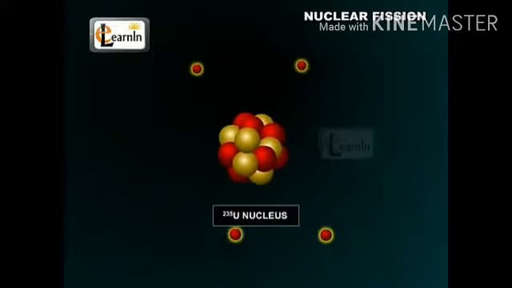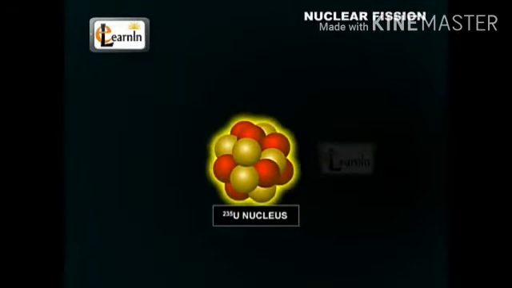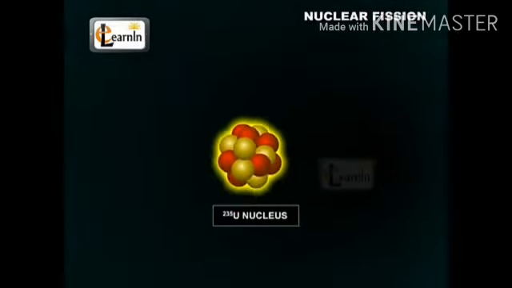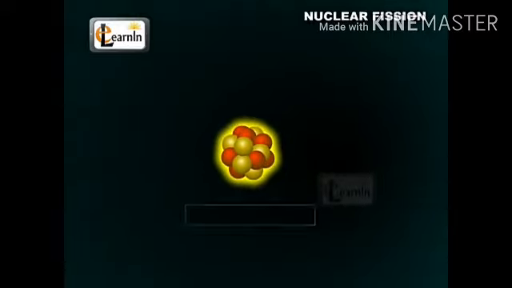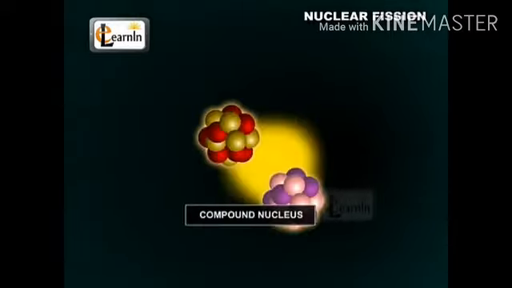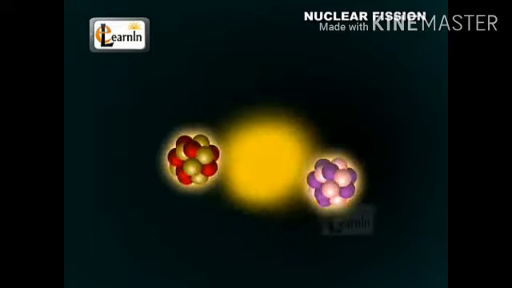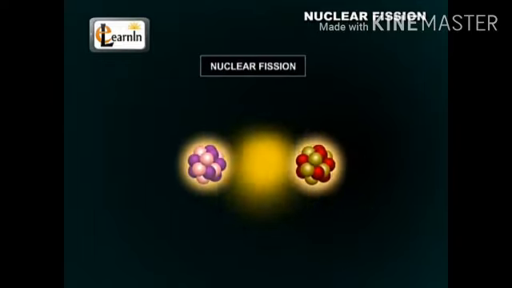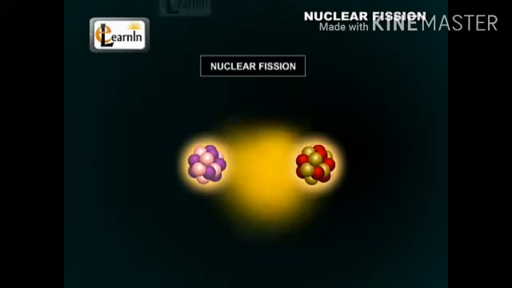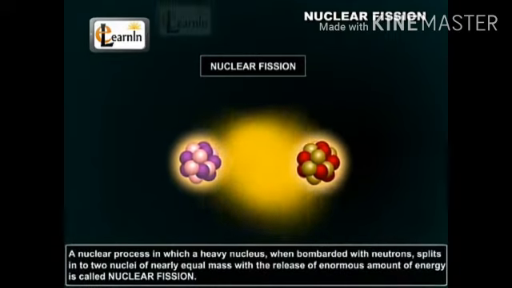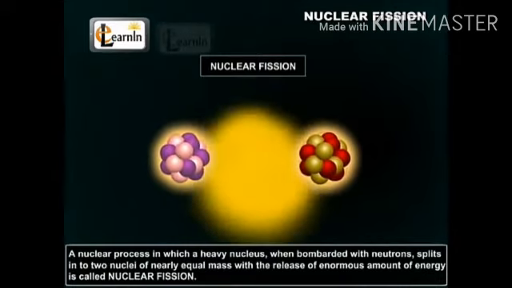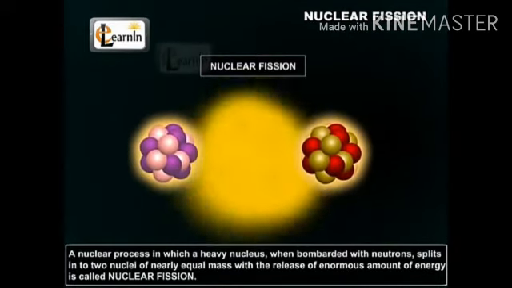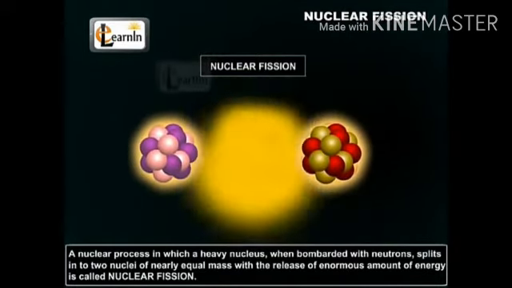When a heavy nucleus like uranium is bombarded, it breaks into two smaller nuclei and emits a few neutrons. Nuclear fission is defined as the process of a heavier nucleus breaking into two smaller nuclei with the release of a large amount of energy and a few neutrons.